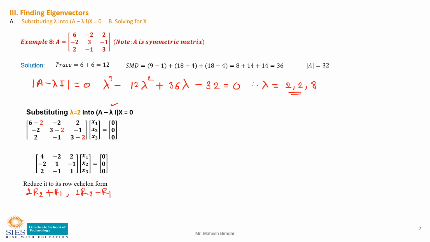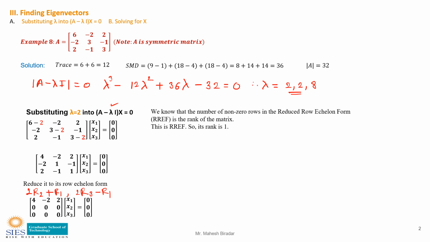So if you do this transformation, the matrix equation is reduced like this: 4, minus 2, 2, and next, the second and third rows of the coefficient matrix become 0.